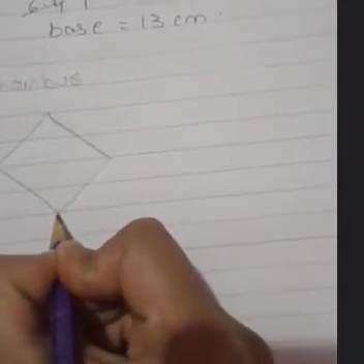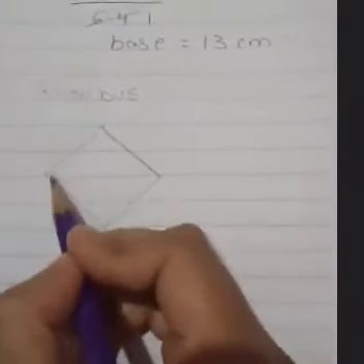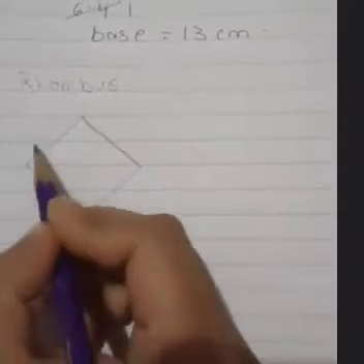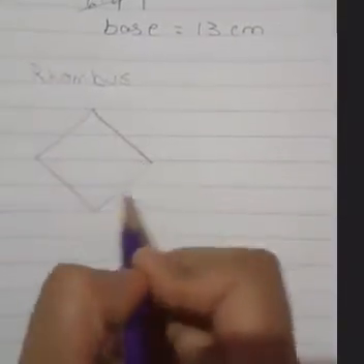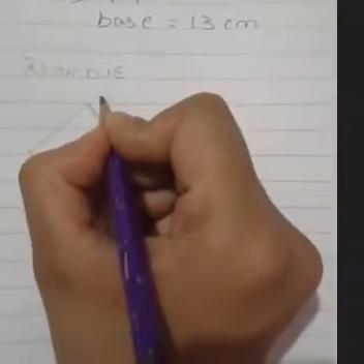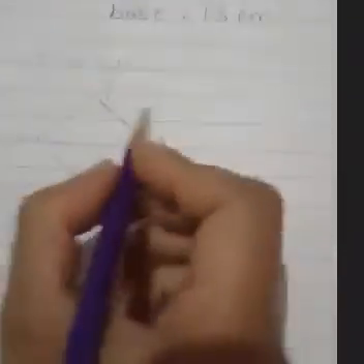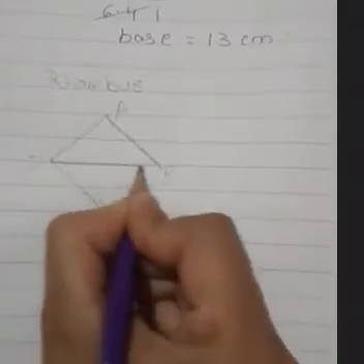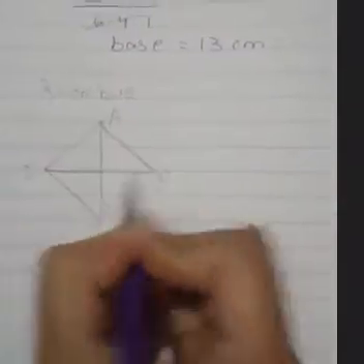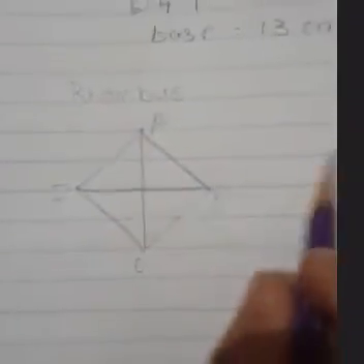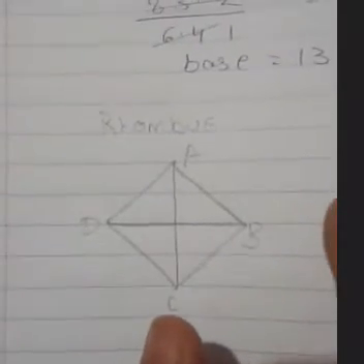A rhombus is a quadrilateral whose sides are of equal length. Now we will name it A, B, C, D. Also, a rhombus has two diagonals. So this is how a rhombus looks.